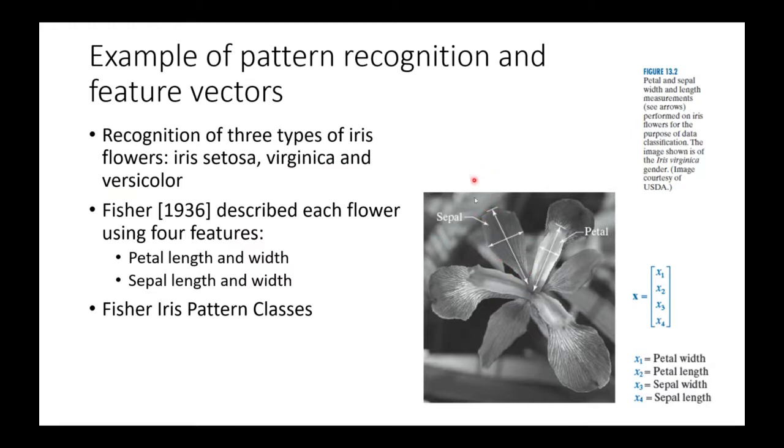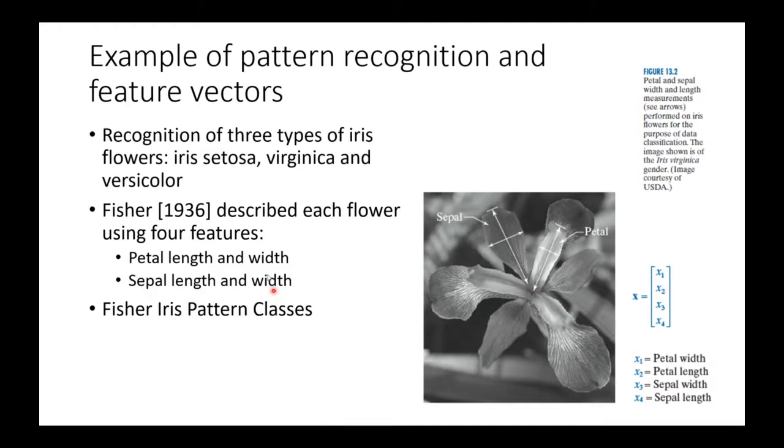I would say petal, but it's not a petal in the flower. And the sepal is an interior petal in the flower, right? So he used the petal length and width, and also the sepal length and width, and placed that into a feature vector.